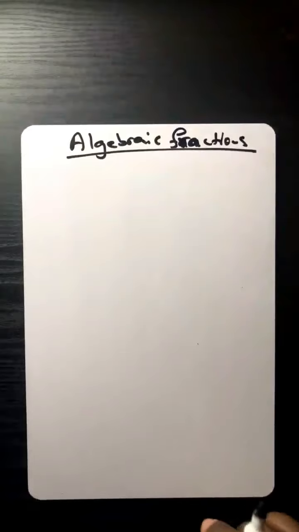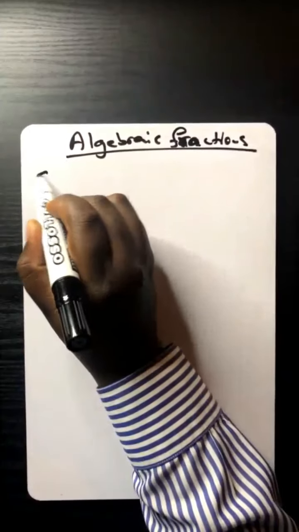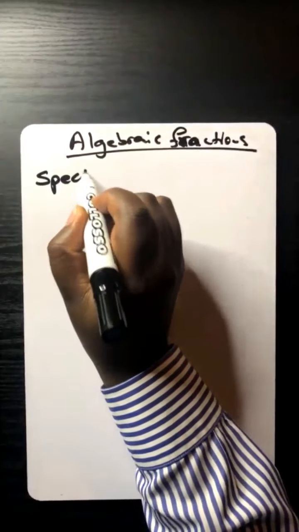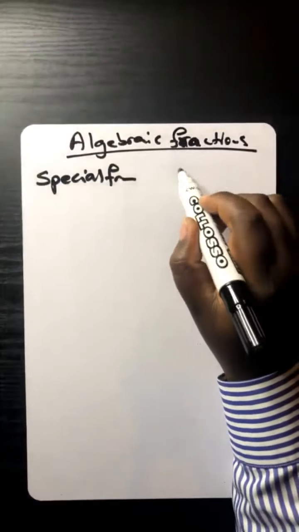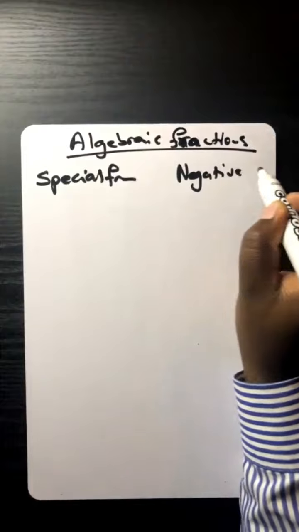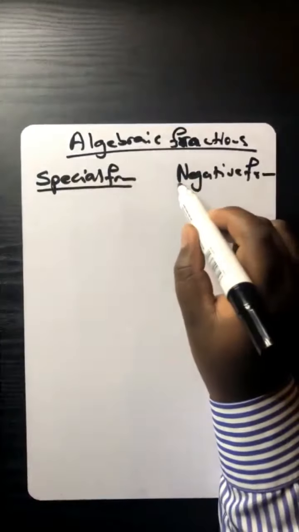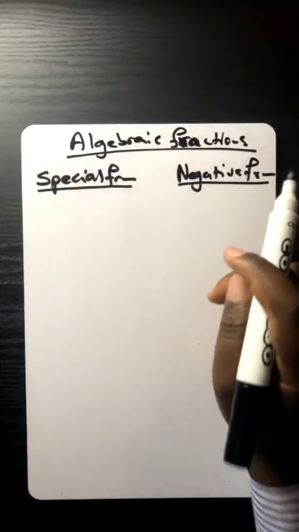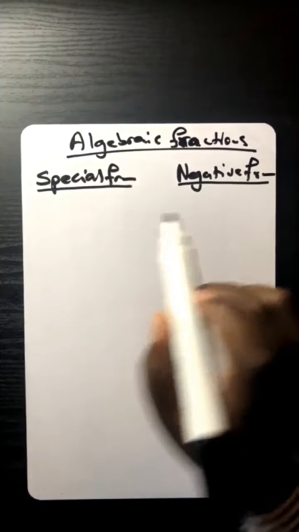I'll continue. So let's see. I want to quickly talk about what we call special fractions, and again talk about negative fractions. This is in preparation for what you sent via inbox. So I want you to notice something.